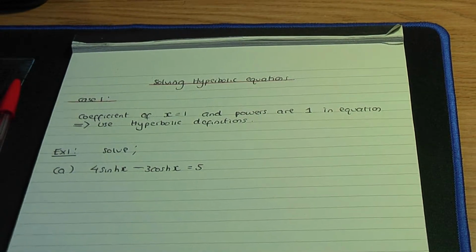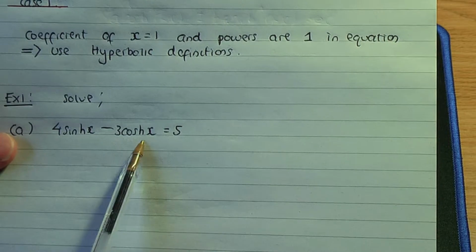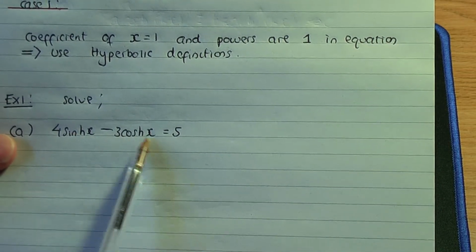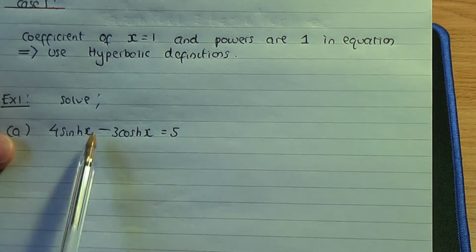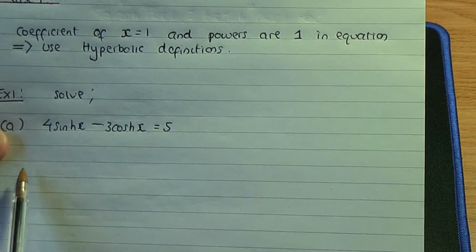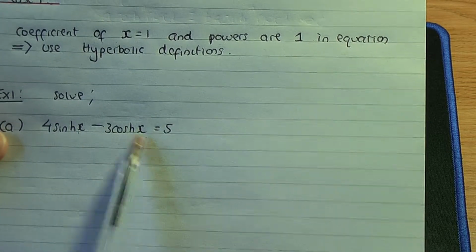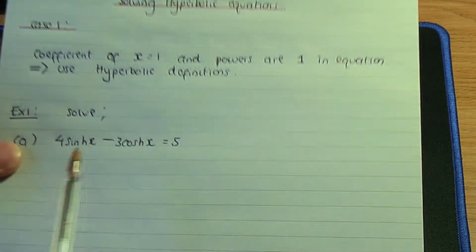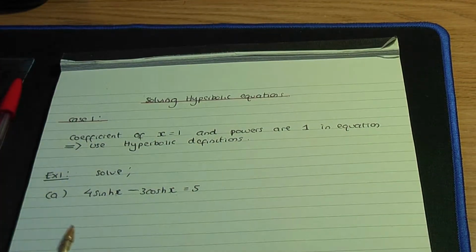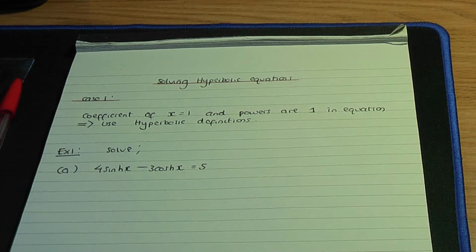In this particular case, the coefficient of x in both terms is 1, and the powers are 1 also. So remember, if the coefficient of x is 1 and if the powers are 1, that means we need to use the definitions only to help us solve the equation in question.